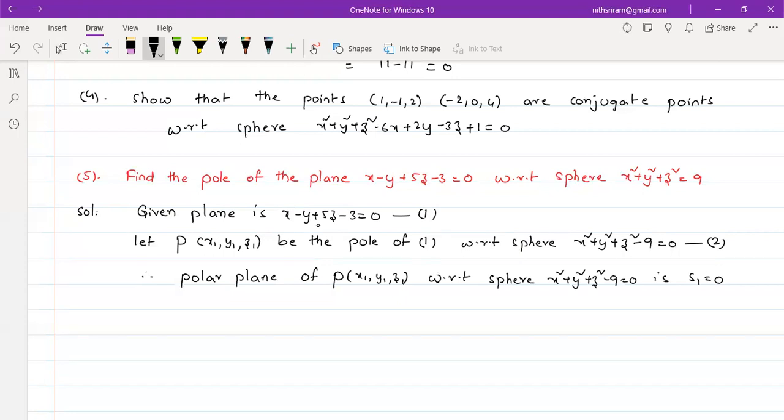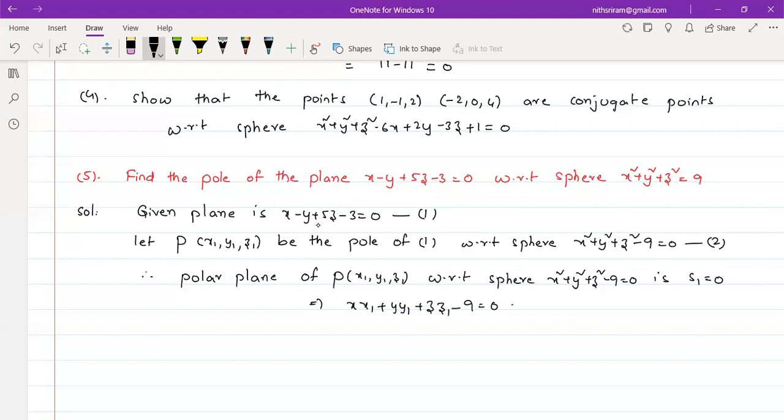Okay, so now we have to write S1. Here S1 is nothing but, x square can be written as x into x1, y square can be written as y into y1, and z square can be written as z into z1 minus 9 is equal to 0. So this is S1. So once again we get x x1 plus y y1 plus z z1 minus 9 is equal to 0.